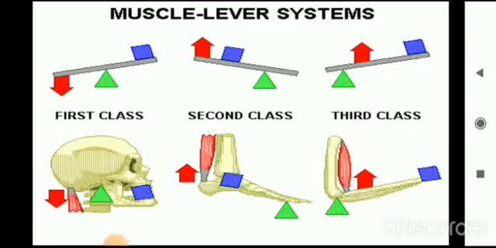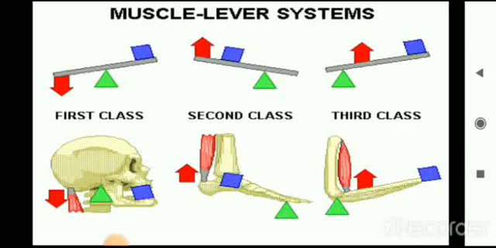We are lifting the load by our hands and the effort is applied from where? Between the fulcrum and the load, between the knees and our palm, right? So in a third class lever we know that the effort is between the fulcrum and the load. This is seen in our arm, right? So a third class lever is seen in our what? In our arms. Okay? You can check it by yourself, right?